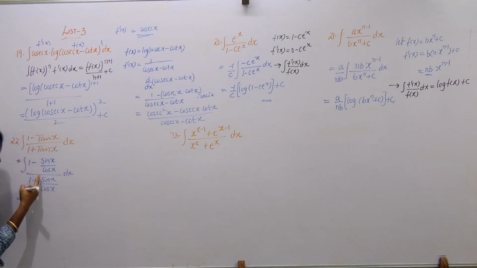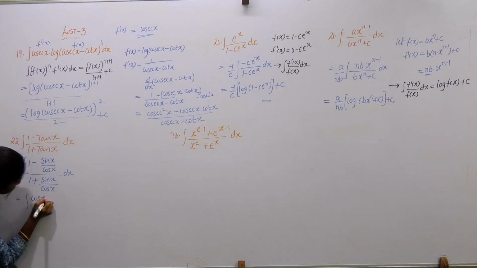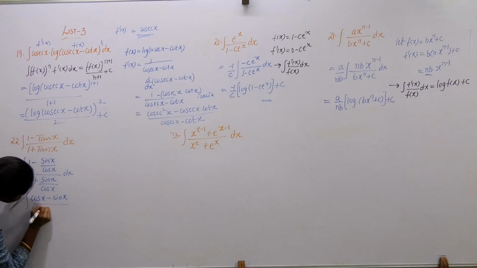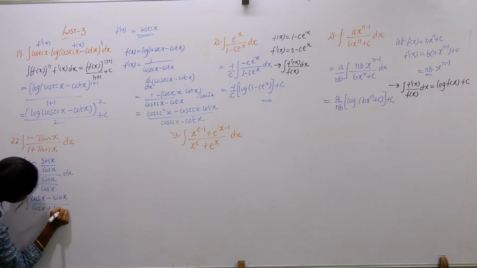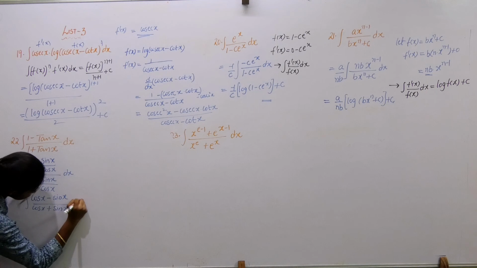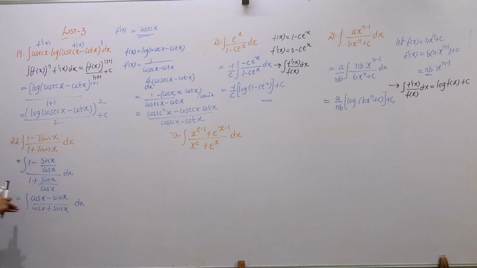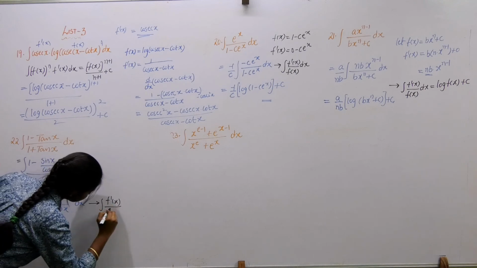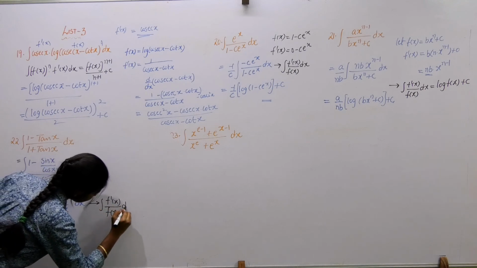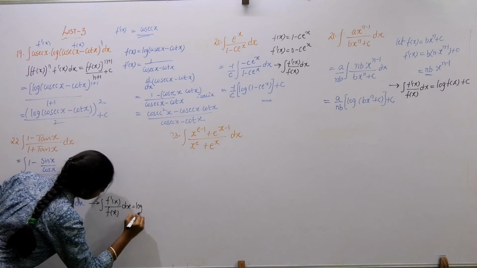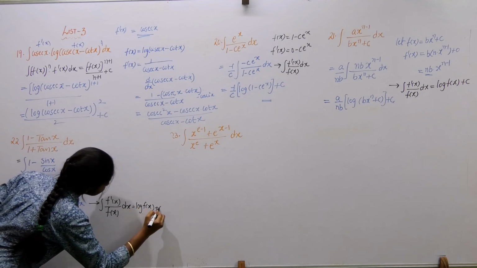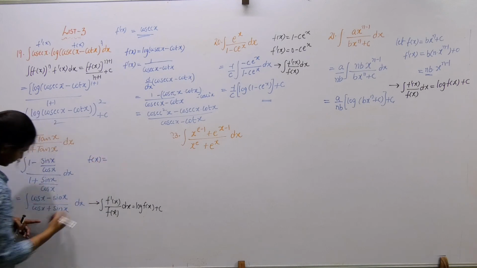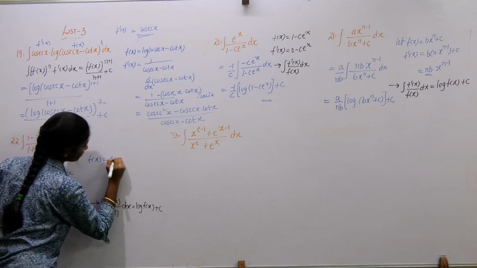On simplification, in the numerator we get (cos x minus sin x) by (cos x plus sin x). Cos gets cancelled. Now this is in the form of integral f dash of x by f of x dx, which is equal to log of f of x plus c. That f of x is equal to cos x plus sin x.